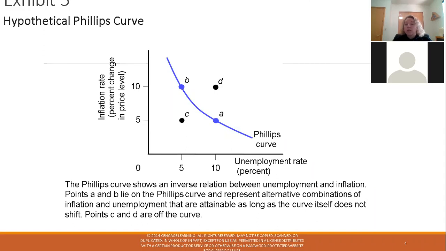So Phillips curve, what's a Phillips curve? Well, there was an economist, his name was Phillips, and he wrote, it was a long time ago. Early 1900s, I wanna say, maybe it was 40s, 50s, something like that. I can't remember, but that's neither here nor there.